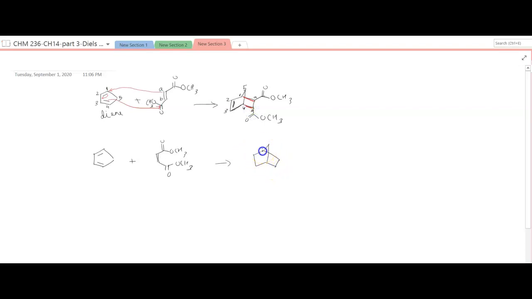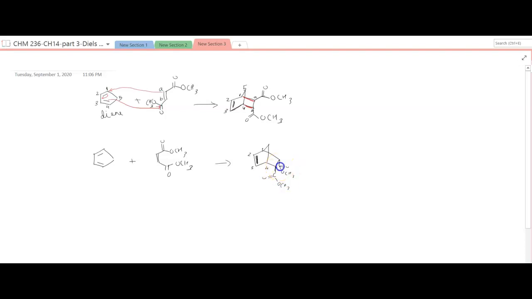Same thing here. We have 1, 2, 3, 4. Between 2 and 3, you have to make the double bond. And then here, since both the groups were cis to each other, you will have both pointing down. So you have COOCH3, and this one too will have a COOCH3.